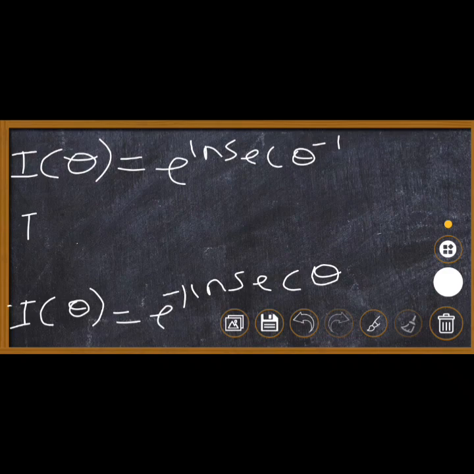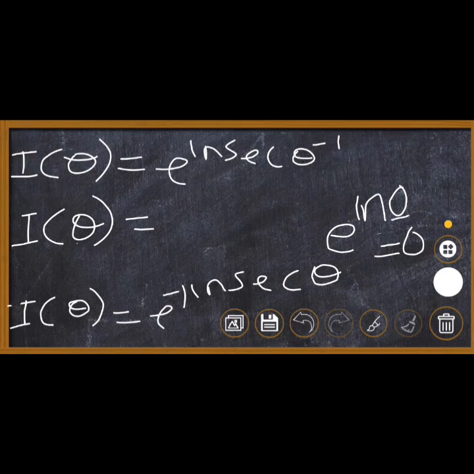So in this case, the integrating factor of this expression: we know that when you have e raised to ln of something, it's always equal to the thing that you have after the ln. For example, e raised to power ln of x, our answer is x.